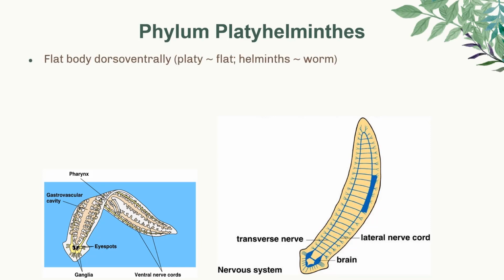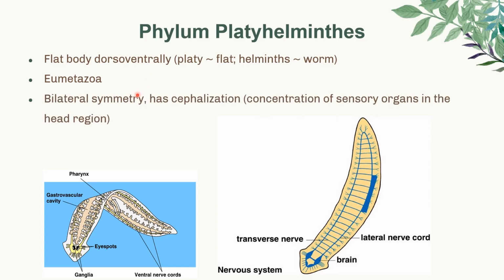So, the unique characteristic of Platyhelminthes is that it is considered to be a flatworm because it has a flat body dorso-ventrally. It is considered to be eumetazoan as it has true tissues. The symmetry is bilateral and it has cephalization, meaning it has a head region which contains a concentration of sensory organs.